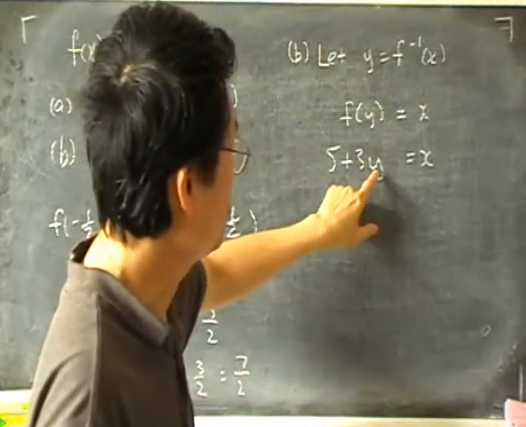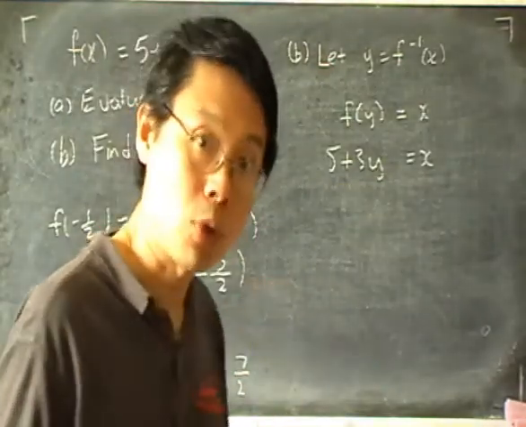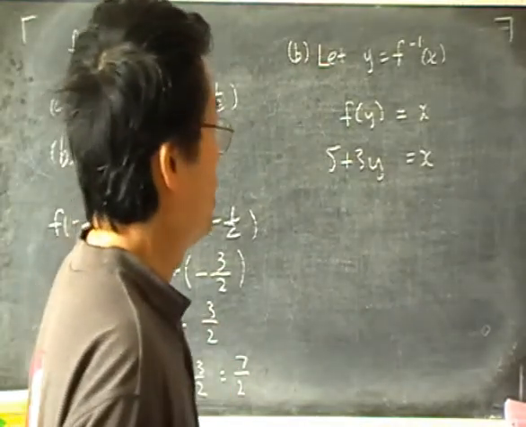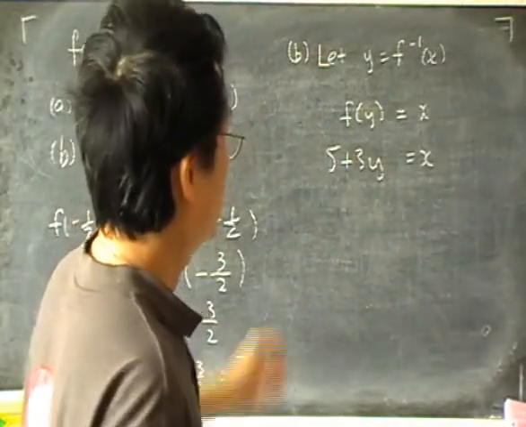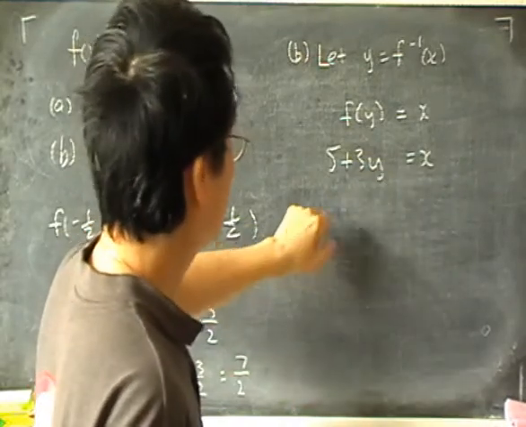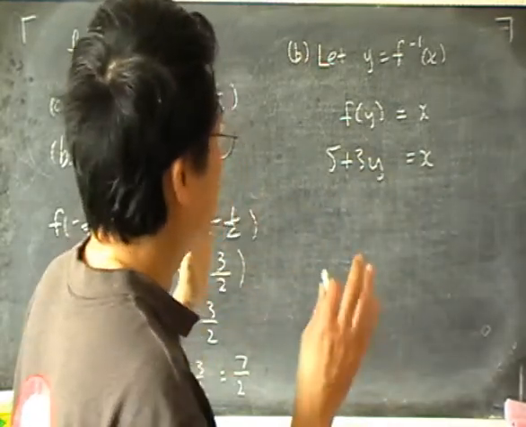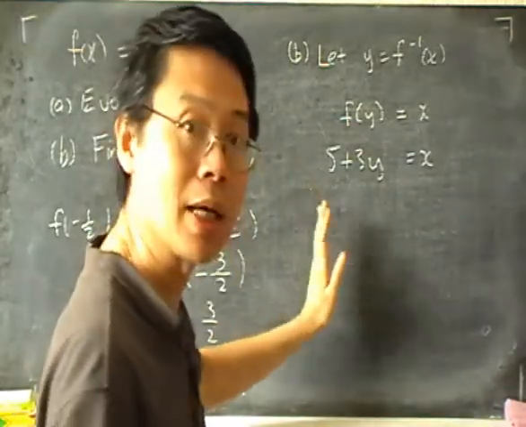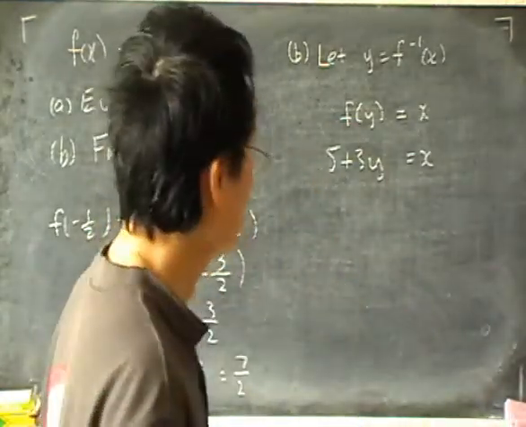So in this step we must solve for y, make y the subject. To make y the subject, I must rearrange this so that I have just y on one side and the rest on the other.